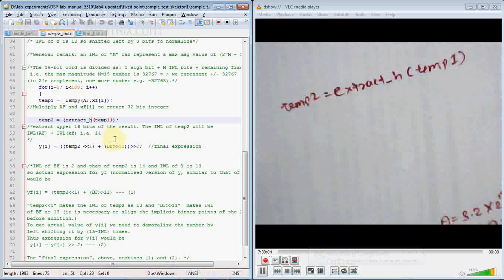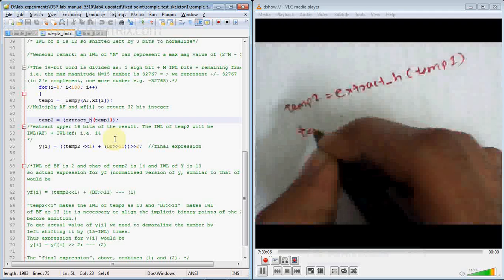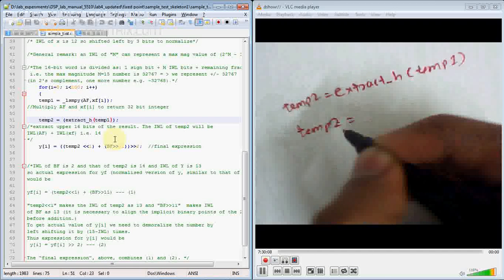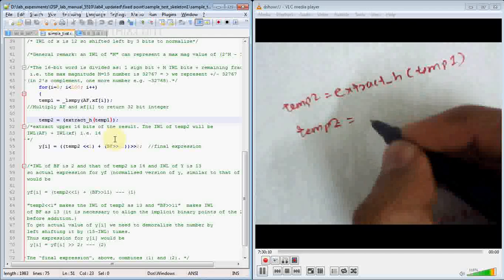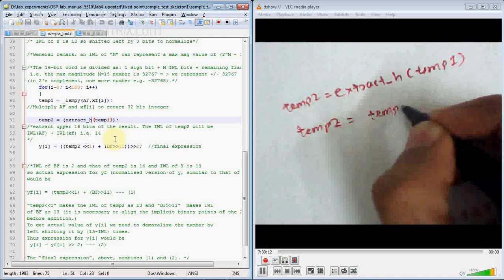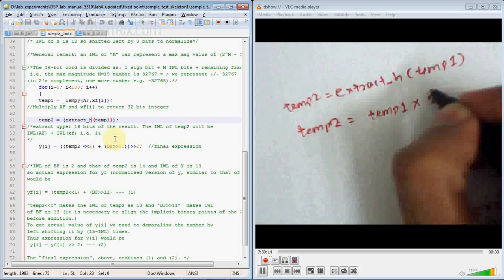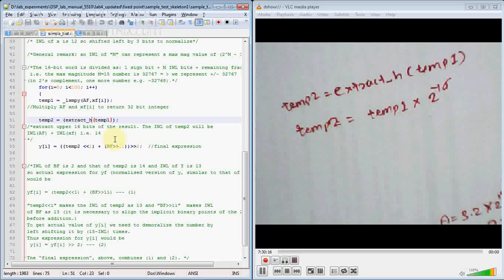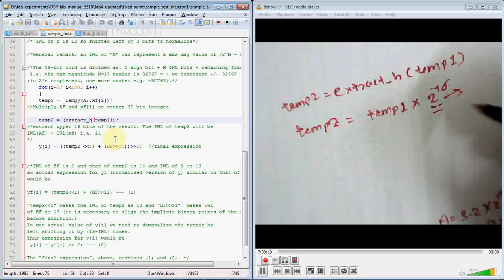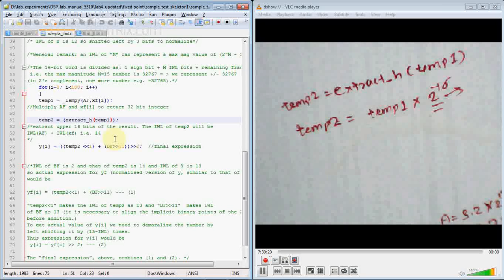This function extracts the upper 16 bits of temp1, so we can write temp2 is equal to temp1 multiplied by 2 power minus 16.